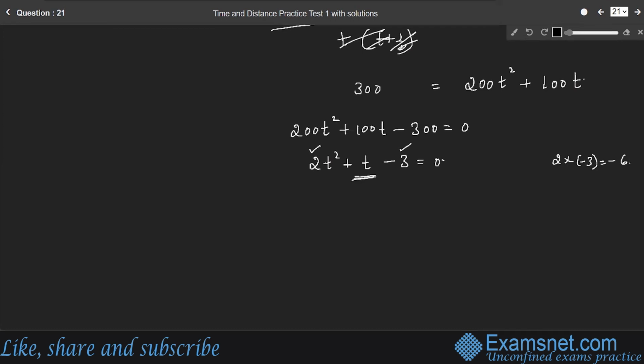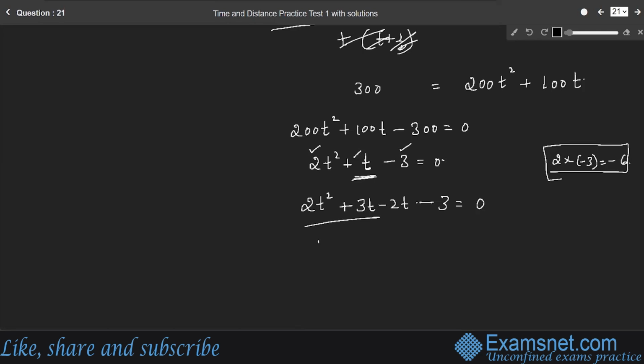Split the middle term so that the product of the coefficients is minus 6 and their sum is 1, the coefficient of t. Therefore the middle term becomes 3t minus 2t, giving 2t square plus 3t minus 2t minus 3 equals 0.